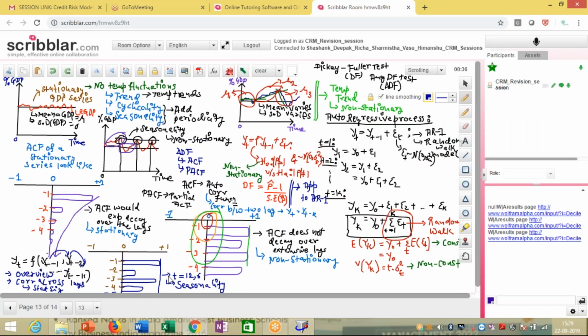So now let me talk a bit more about this stationary and non-stationary part. We had been talking about stationary and non-stationary, but what we have not talked about is the way of converting a non-stationary series to a stationary series. There are two ways.